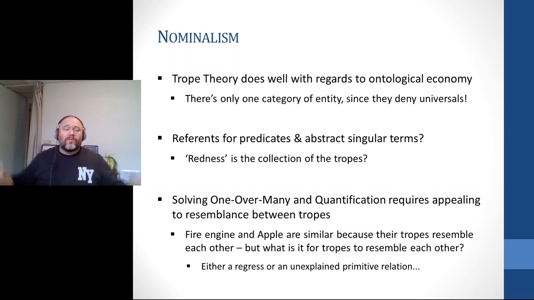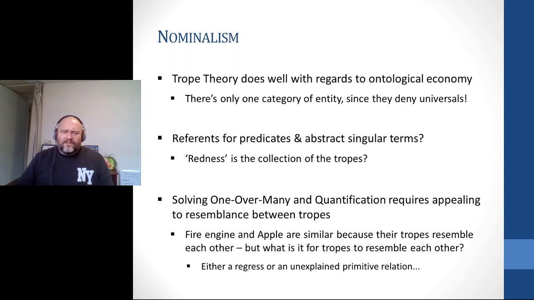For example, if we think about redness as an abstract singular term, we can have that refer to, say, the collection of all the tropes. Or, if you have certain views about mereology, that is, the study of parts and wholes, you might think that what redness is, in some sense, is just a weird whole built up of the parts that are each particularized local property, like each trope.